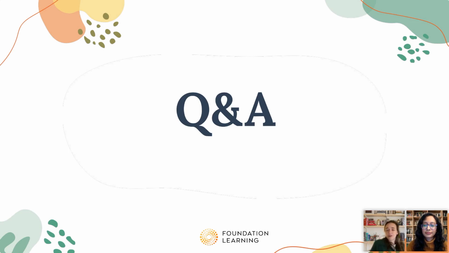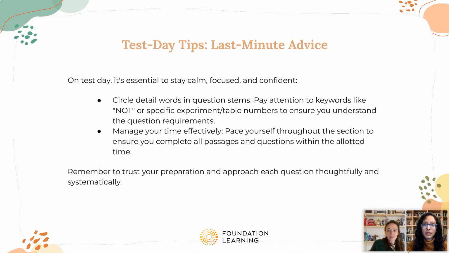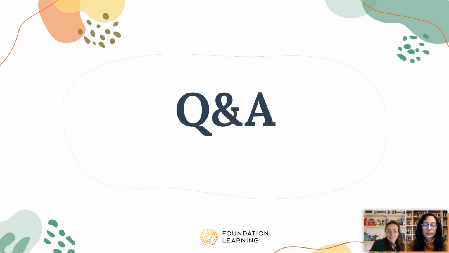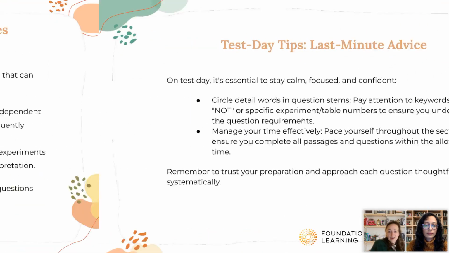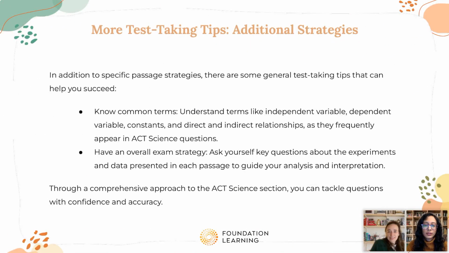We did get one question about some of the terms you should be familiar with. I think we can go back to that slide. I know there's a lot of text in these slides, and it's not an exhaustive list either. I'm sure there are definitely others that you'll come across as well.